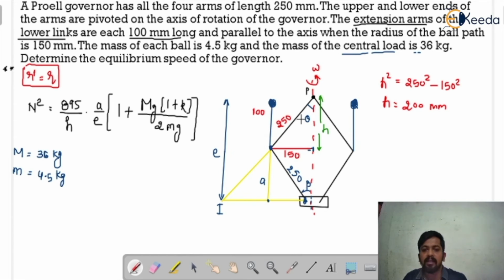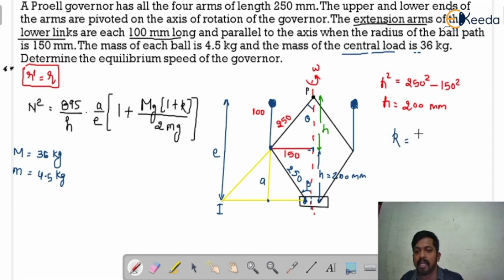So this is the height of the governor, and this length would also be equal to the height of the governor, that is 200 mm. Because all the arms have the same length, it is equal to the height of the governor, because theta is equal to beta.